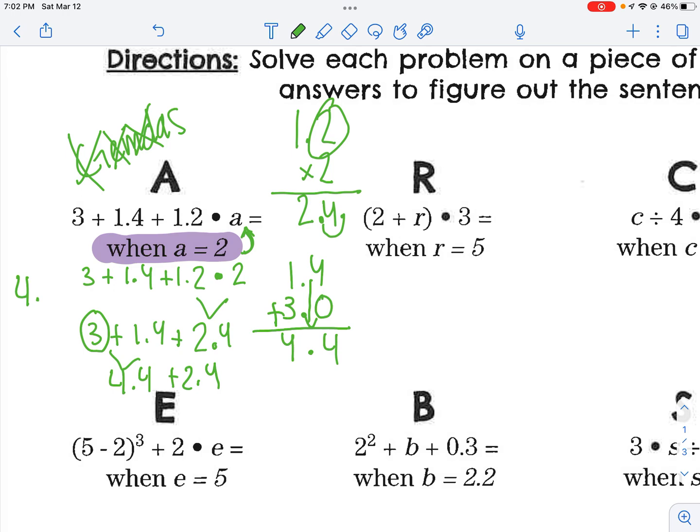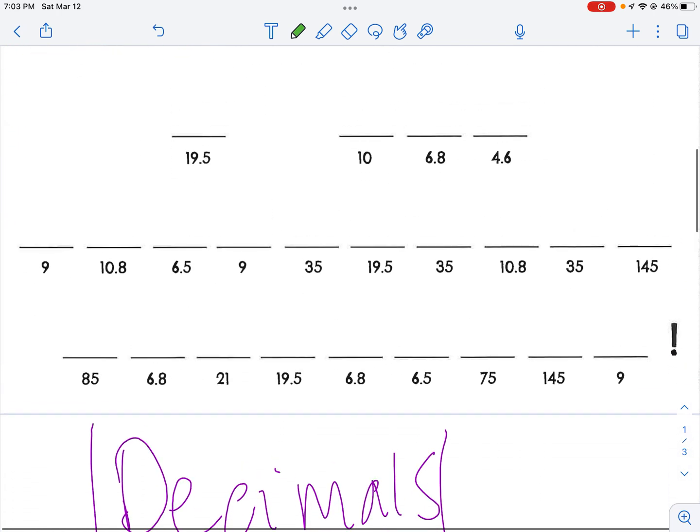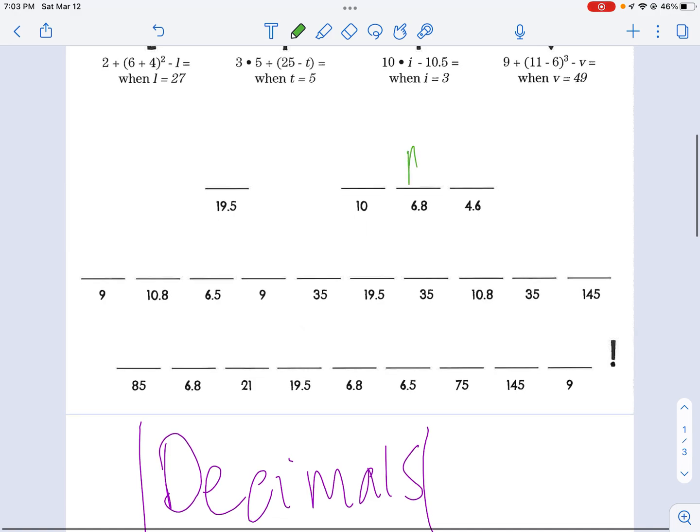I know that I'm adding again, so I need to make sure I line up those decimals. 4 plus 4 is 8. 4 plus 2 is 6. Bring down that decimal. 6.8 is my final answer. I can check down here to see if I did it right.